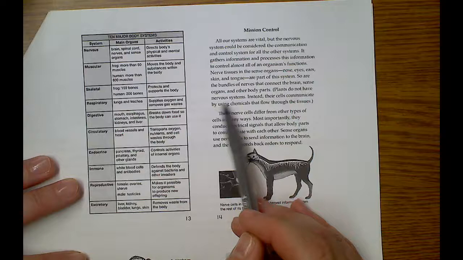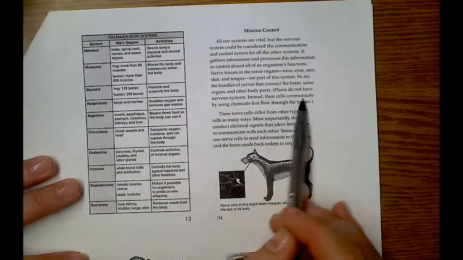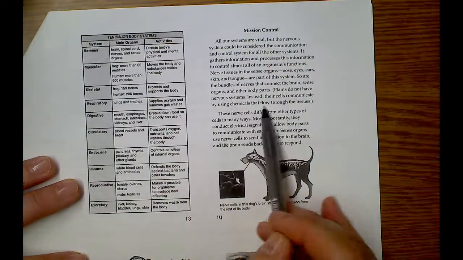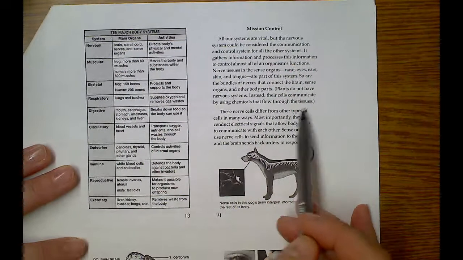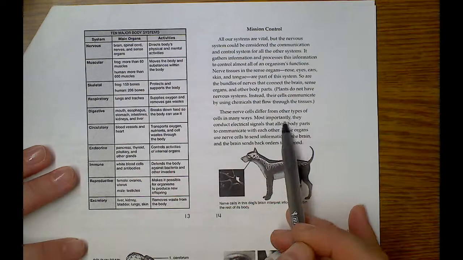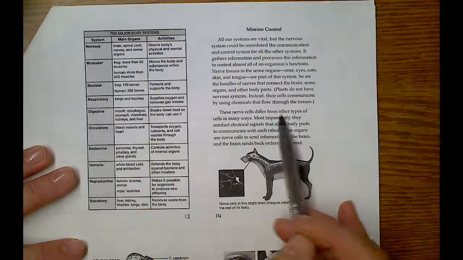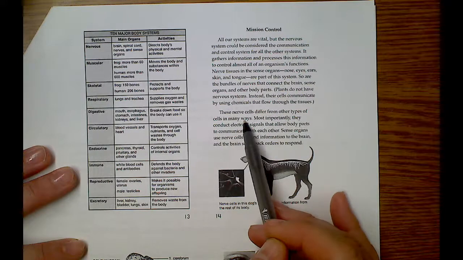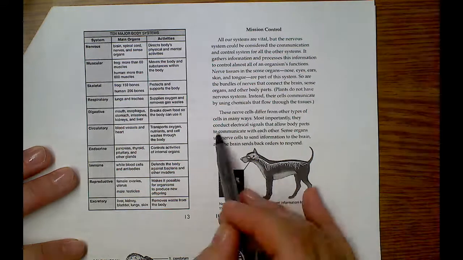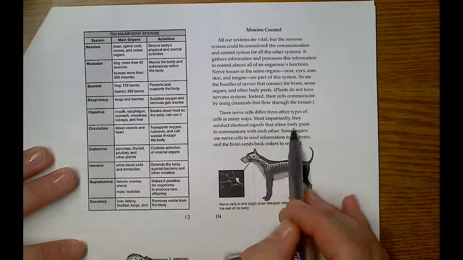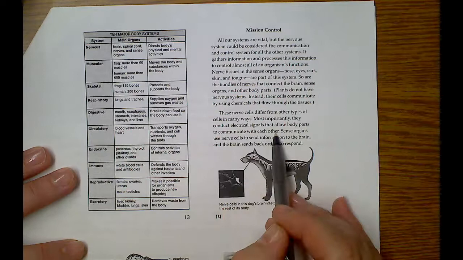Plants do not have a nervous system. Instead, their cells communicate by using chemicals that flow through the tissue. Nerve cells differ from other types of cells in many ways. Most importantly, they conduct electrical signals that allow the body parts to communicate with each other.